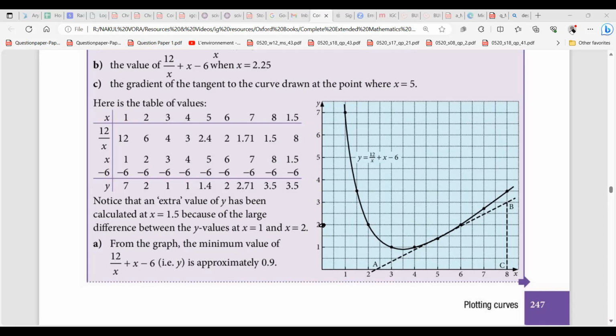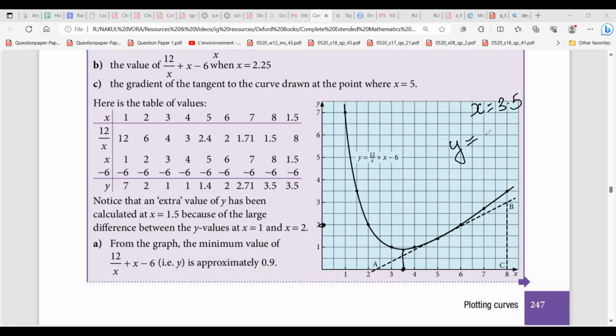Now, sir, फिर क्या करूँ? Okay. Now what you will do is, ये पता चल गया ना minimum point है या minimum value का point है. अब पता करो कि ये x कौन सी वैल्यू पे आया? सर 3.5 पे आया. Okay. हमको ये पता है कि x जब 3.5 था, when x was 3.5, that time I am receiving the minimum value.